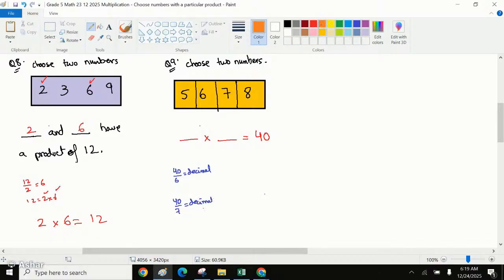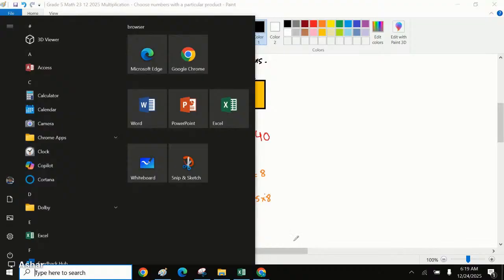But we can say that when 40 is divided by 5, the answer is 8. 40 would be 5 multiplied by 8. So we can say 5 multiplied by 8 is equal to 40, right?